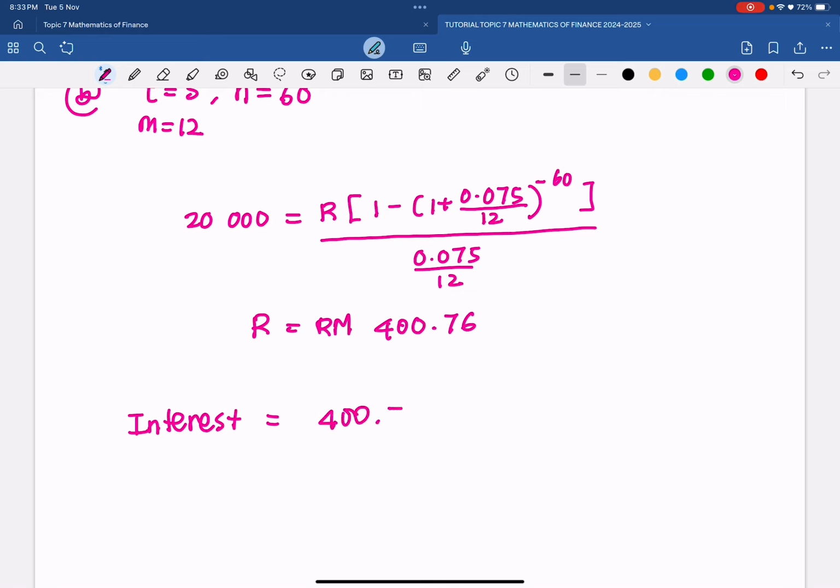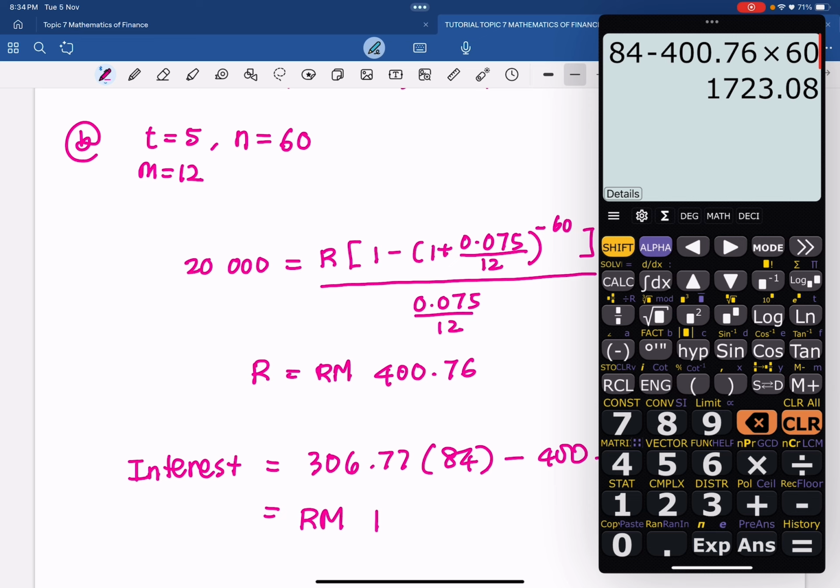So, kita akan jimat sebanyak 1,723 dan 8 sen.